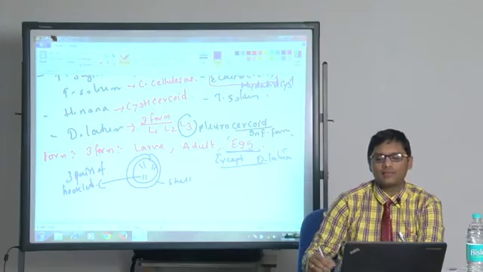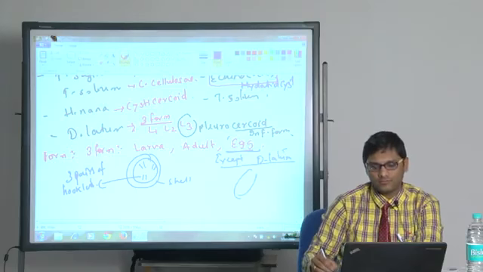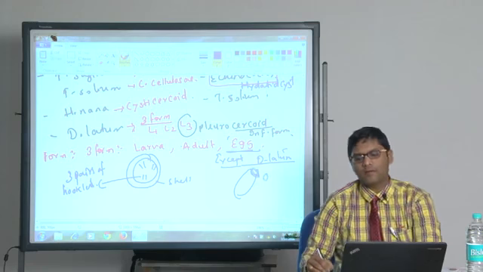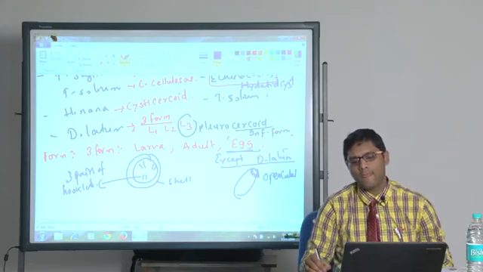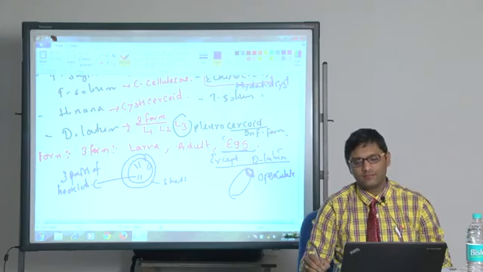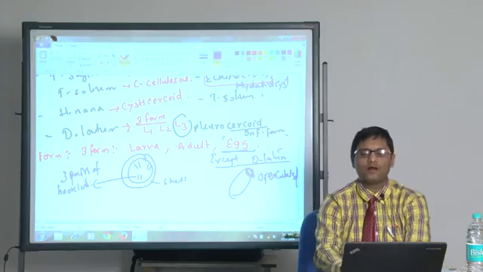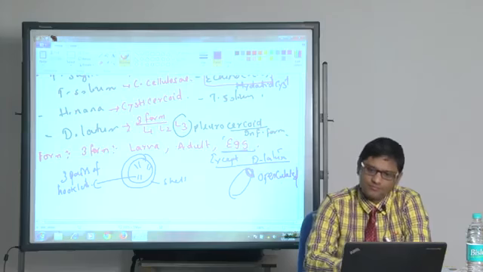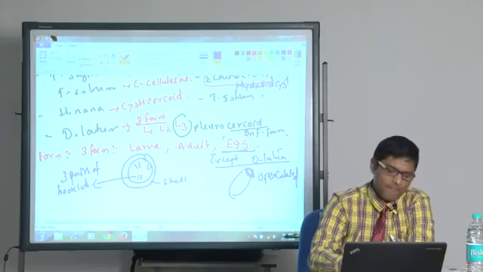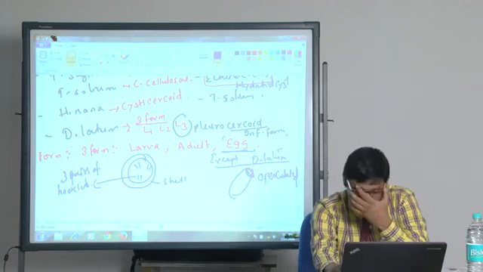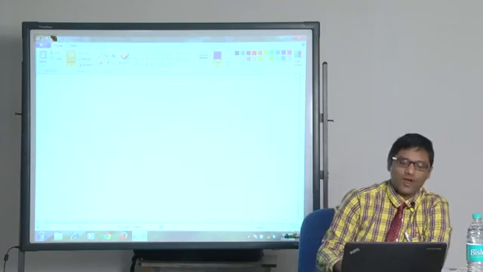D. latum, the egg is operculated. Operculated means what? There is a lid. It has a lid. Operculated egg. Fine. So, with this introduction, now let us attack one by one.